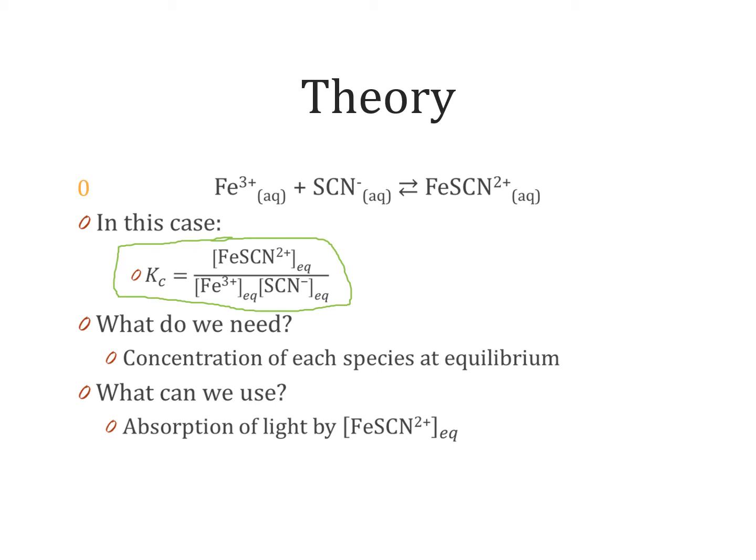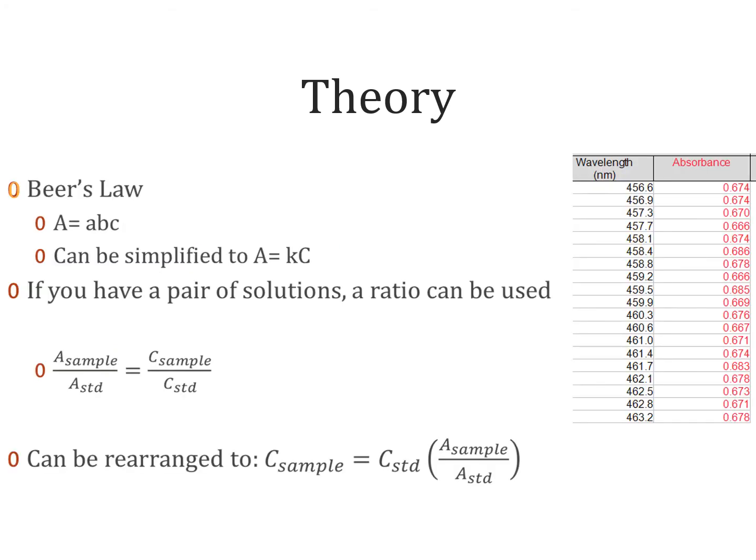But how do we determine these concentrations when we don't have a way to exactly measure the concentrations? Well, we said that our product, the iron thiocyanate, actually absorbs light at the wavelength of 460 nanometers, and by obtaining the absorption, we have a way of calculating the concentration of our product at equilibrium, and we should see how to relate these two concepts here.